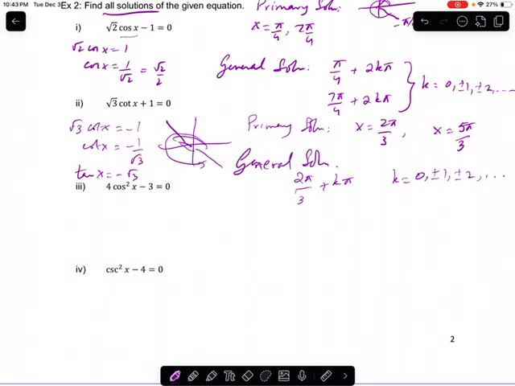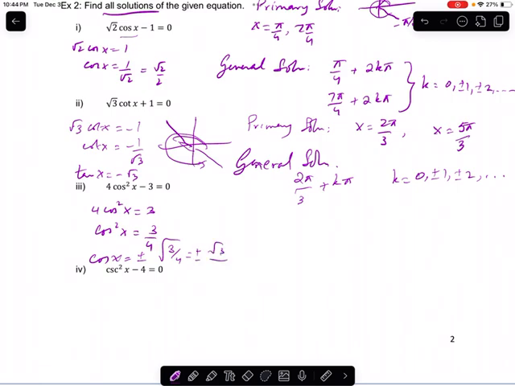So I get 4 cosine square x equals 3. So cosine square x will be equal to 3 over 4. So cosine x will be equal to, now this is again a very important thing, plus minus square root of 3 over 4, which gives me plus minus square root of 3 over square root of 4, or square root of 3 over 2.